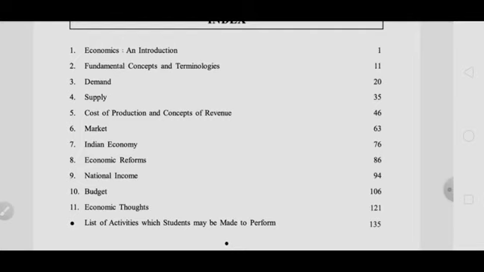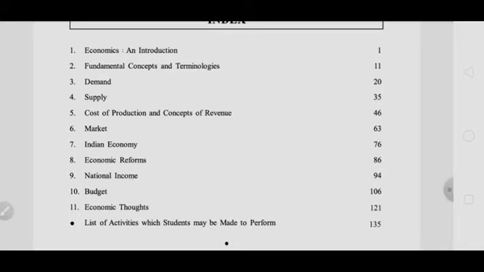Then chapter 5 is about the cost of production and concepts of revenue. That is, while producing any goods or services, we have some expenses, which is called the cost of production, and when we sell these goods, we get income in the form of revenue.